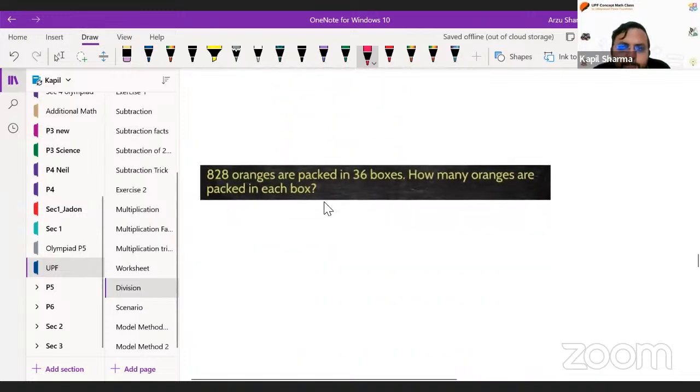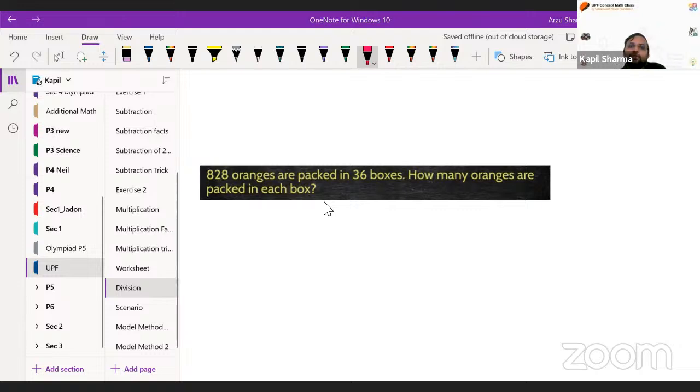Yes, try this. 828 oranges are packed in 36 boxes.